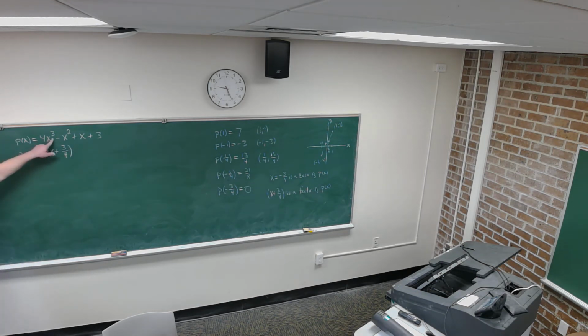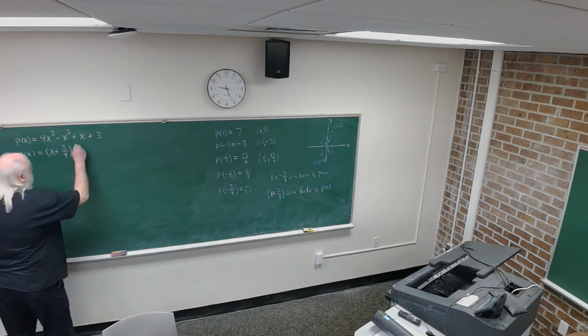And since this is a third degree polynomial, X plus 3/4 must be multiplied by a quadratic, right? Quadratic times a linear factor equals X cubed, okay?